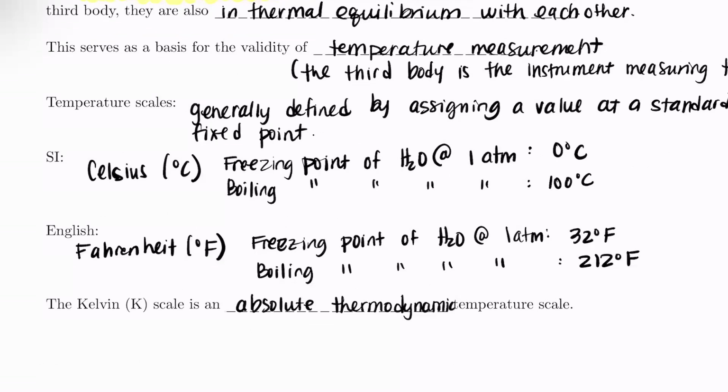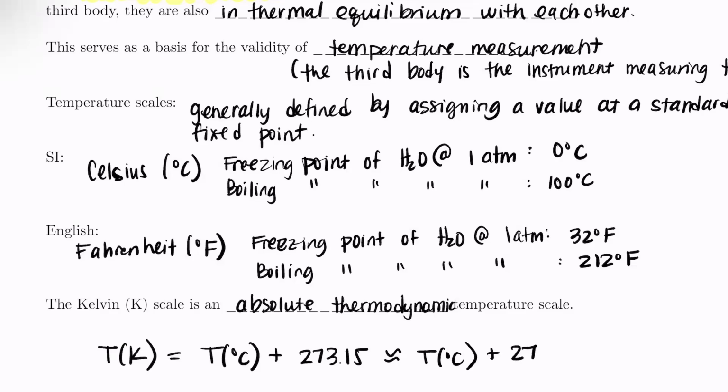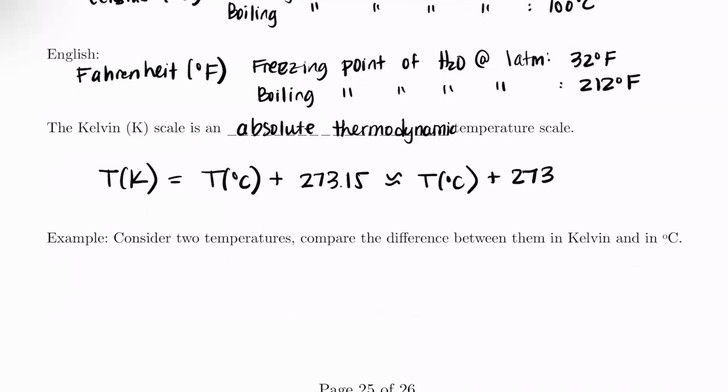So the temperature in Kelvin is equal to the temperature in degrees C plus 273.15, or sometimes approximated as the temperature in C plus 273. Right? Hopefully we've all seen this before. Yeah? Okay, cool.